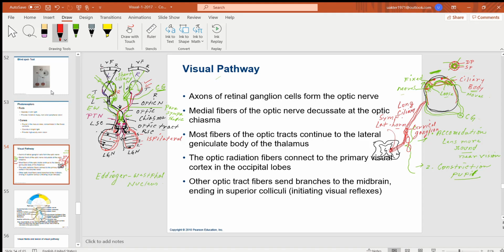Same way, they will pierce through the sclera and will run with the short ciliary nerve. Same thing on this side. So this is the short ciliary nerve, this is the long ciliary nerve. Long ciliary is sympathetic. Short is what? Parasympathetic, we already talked about, right?